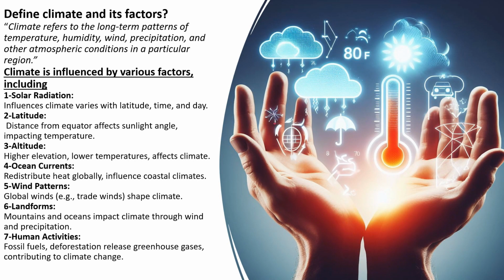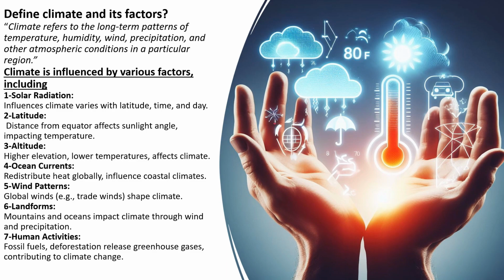Climate and its factors. Definition: climate refers to the long-term patterns of temperature, humidity, wind, precipitation, and other atmospheric conditions in a particular region. Climate is influenced by various factors, including: solar radiation, which varies with latitude, time, and day.